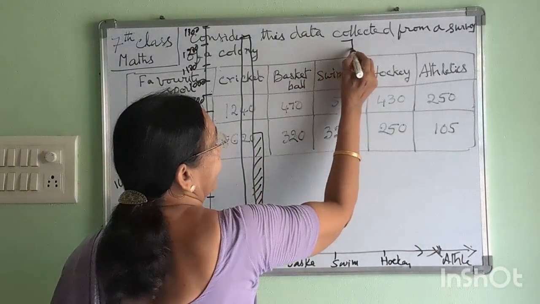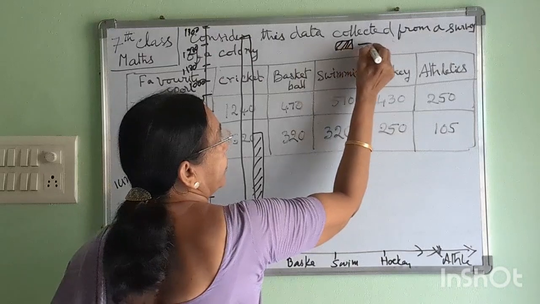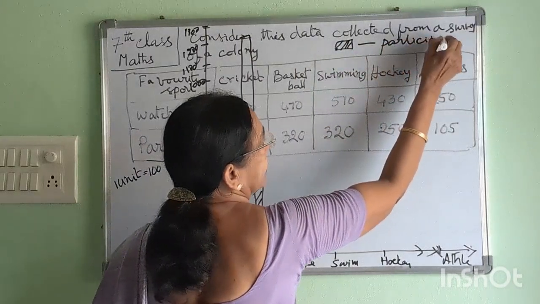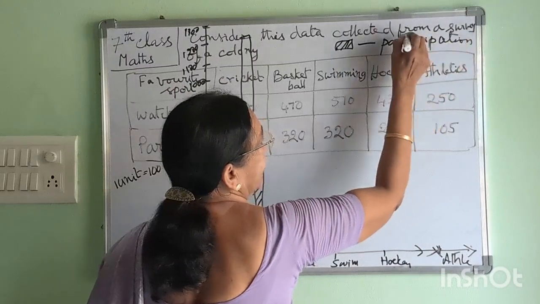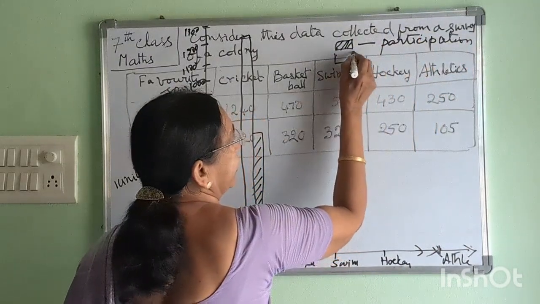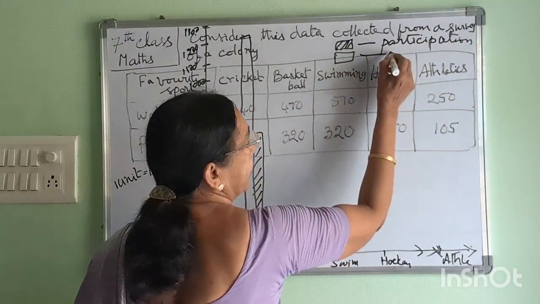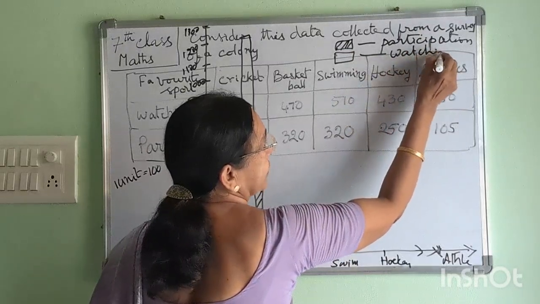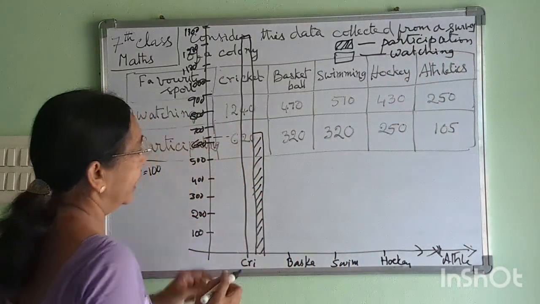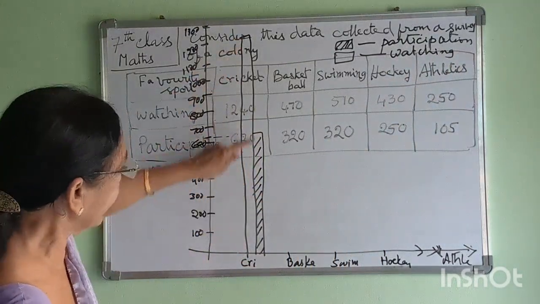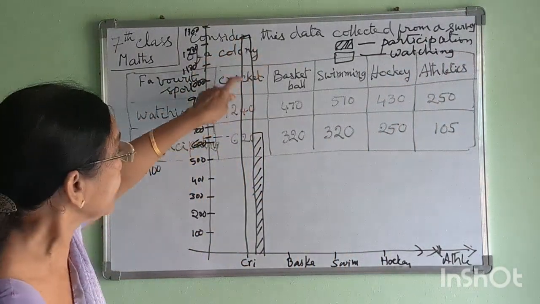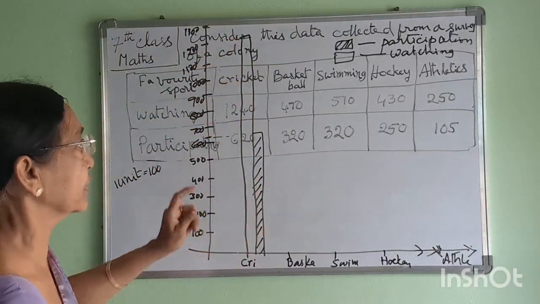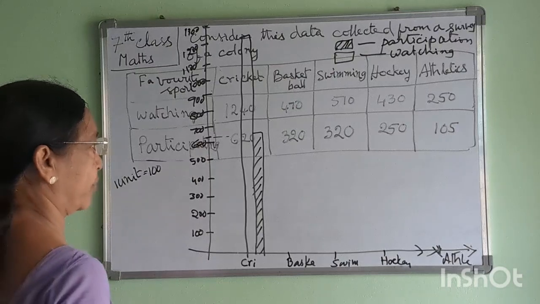So this graph is the participation, or number of people participating. This empty bar is the number of people watching the game. The bar for people watching is much taller than the number of people participating. Therefore, more people are watching.